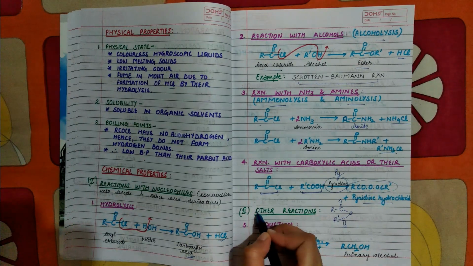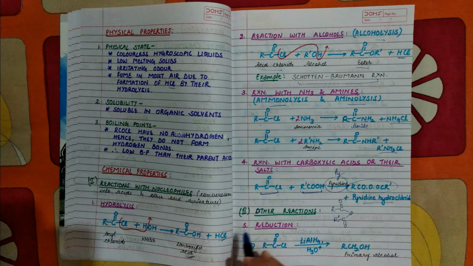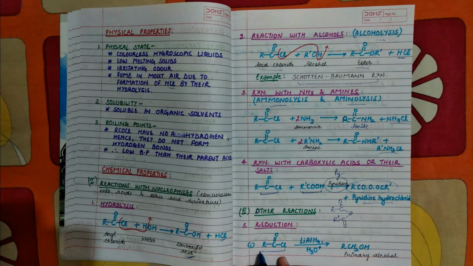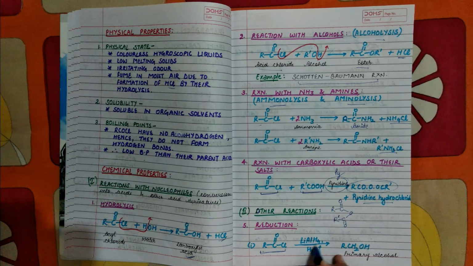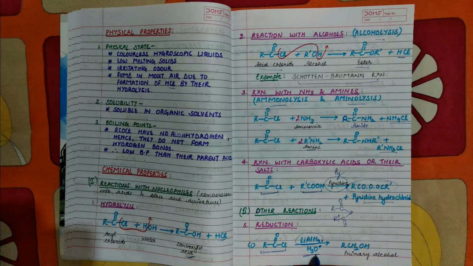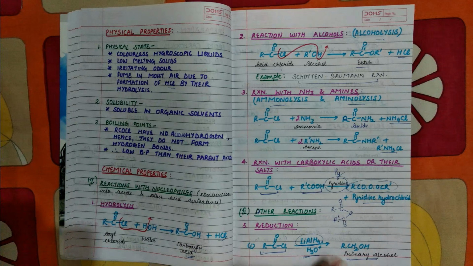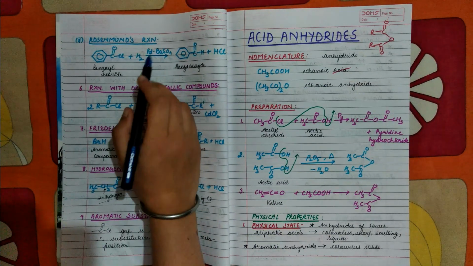Other reactions of acid chlorides are reduction. Firstly, when acid chlorides are reduced in the presence of lithium aluminium hydride and acidic hydrolysis is done, we get primary alcohols. This is also a very important reaction. Then we have Rosenmund's reaction.